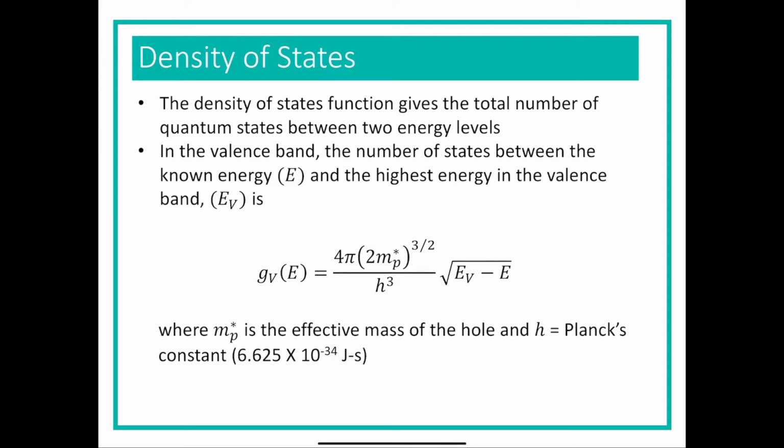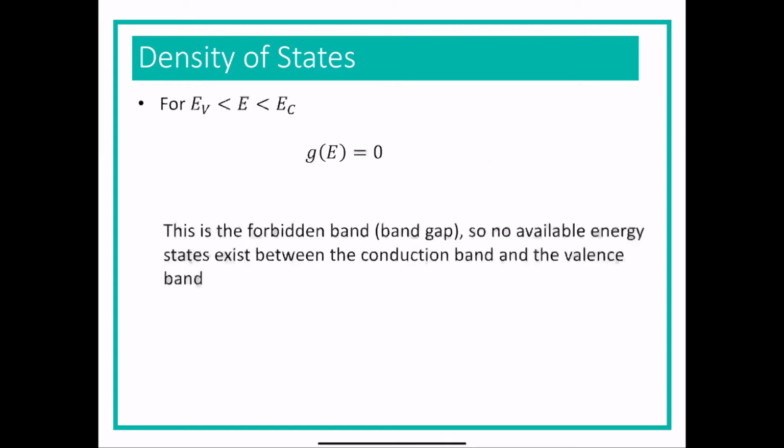But both of those would allow us, if we know the difference between, to determine the number of states that are available. There is also an area between the highest energy in the valence band and the lowest energy in the conduction band, and that is the forbidden area. And there are no states available there.